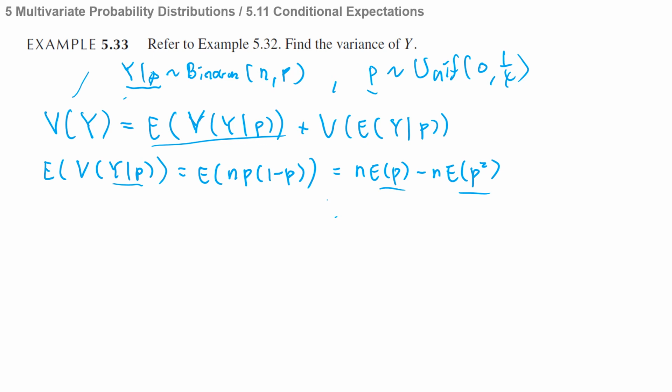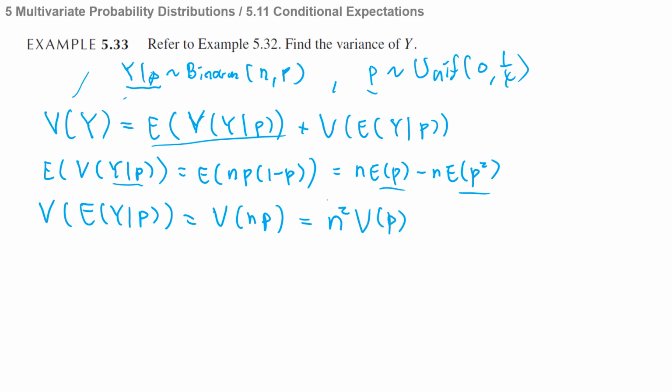And what about the variance of E(y given p)? E(y given p) follows the binomial, so it is np. The variance of np, and n is constant, so n squared times the variance of p.